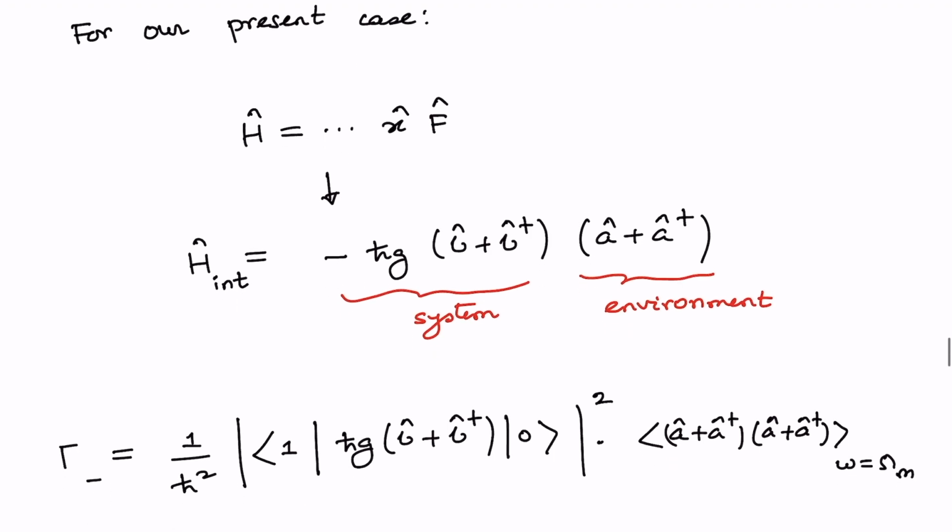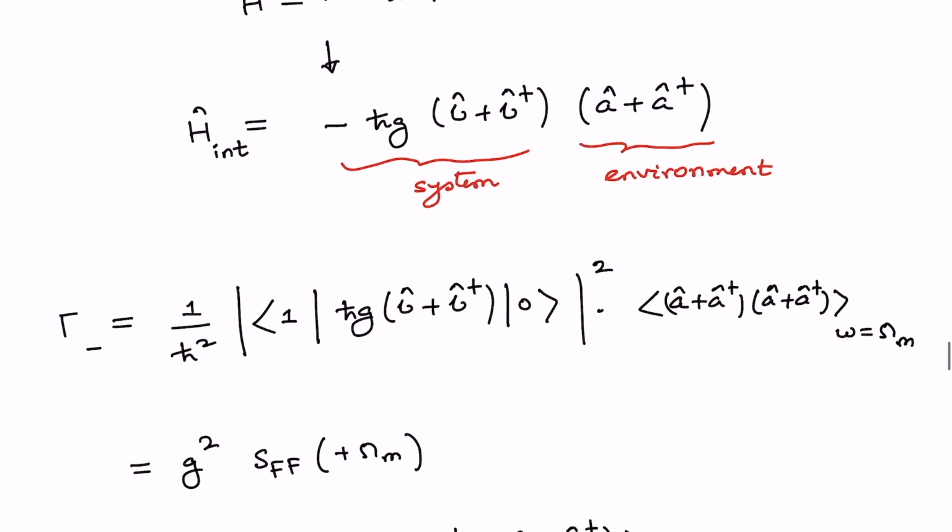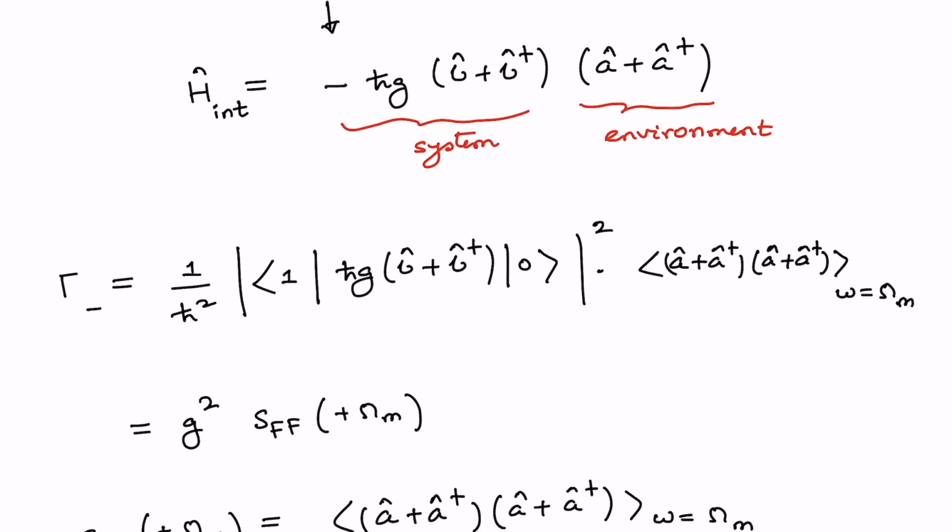For example, we can find the downward transition rate gamma minus. Because I am interested in the downward transition rate, the transition is going from the one phonon state to the ground state 0. So I have to calculate this matrix element, and then I have to calculate the spectrum belonging to the optical cavity as well. This first part is easy to calculate.